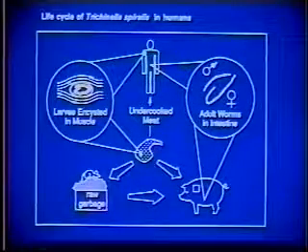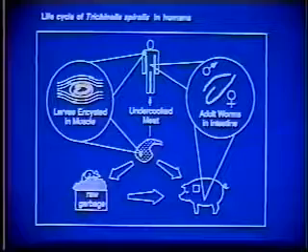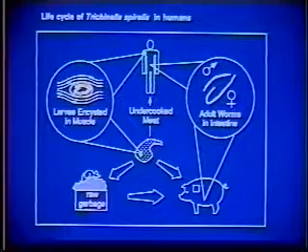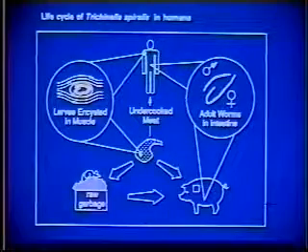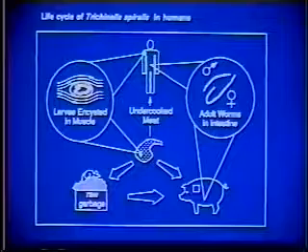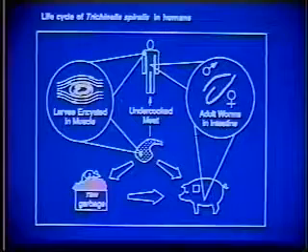The life cycle of this involves primarily pigs, although walrus meat has also been incriminated as a source of human infections, and the humans then ingesting the pork that has not been properly prepared. The cycle within pigs may also include rodents, but this is very uncommon.